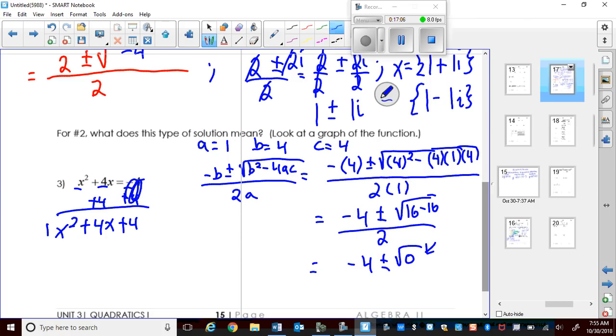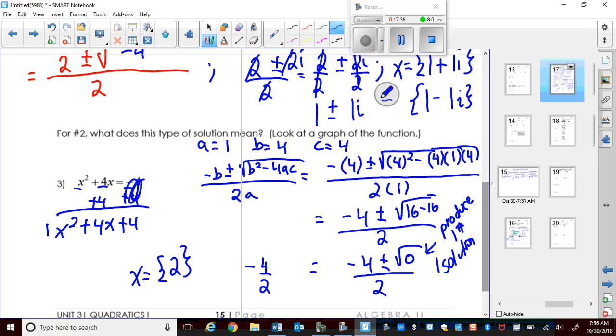This is going to produce the same number, one number. When you get 0 inside, you're going to produce one real root, or one solution. This is a one solution type of quadratic. This equals just negative 4 divided by 2. So x equals curly bracket 2, or to make more sense for you, curly bracket 2, comma 2. Either one works.